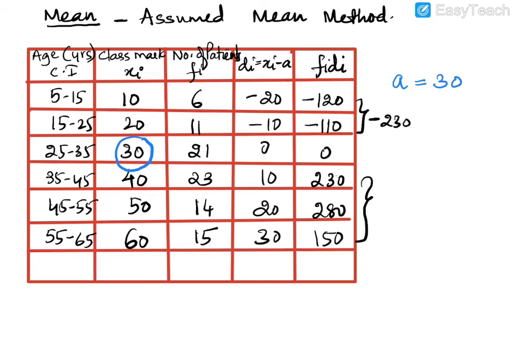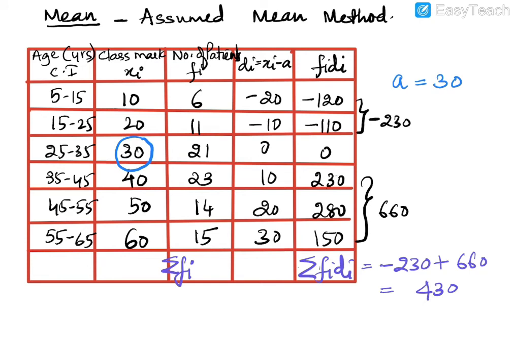The sum of positive numbers is 660. So summation Fi di is minus 230 plus 660, that is equal to 430. And summation Fi is 80.